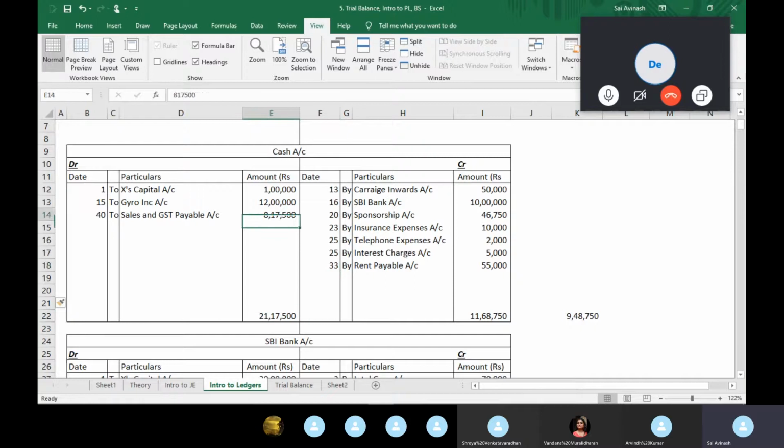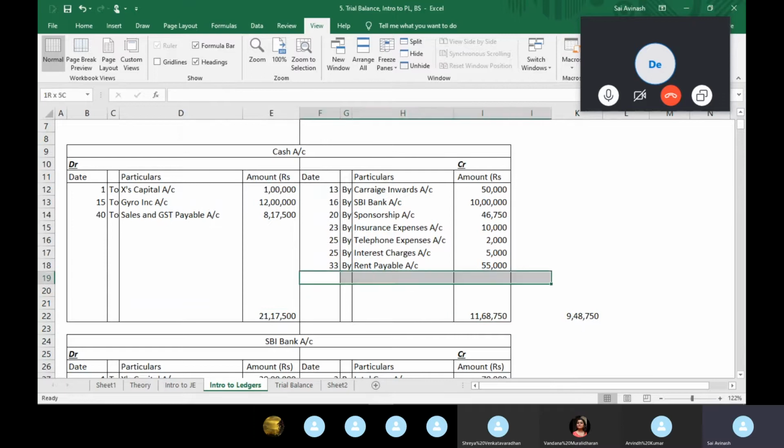So basically, let's say that you have a ledger account and it has a debit balance and a credit balance, and these two are obviously not going to be equal, right? So you're going to net it off and decide what the net balance is, which could be either a debit or a credit balance. In this case, this account has more debits than credits, right?